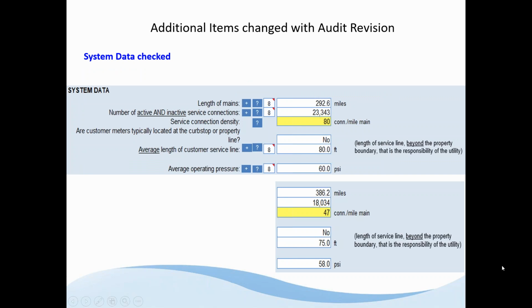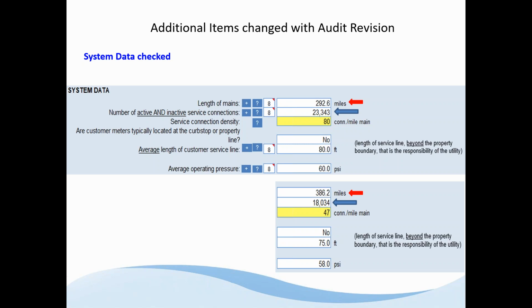System data: the miles of pipe, there were some inaccuracies in that. There was a mistake in the GIS. Those were all corrected to get a true accuracy. There was also an issue with the number of service connections. Again, inaccurate data.